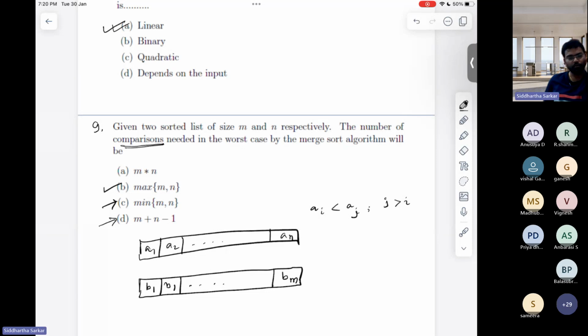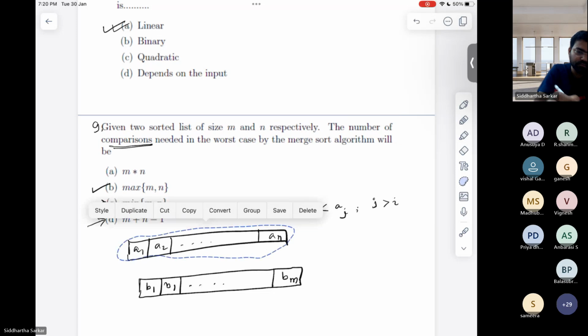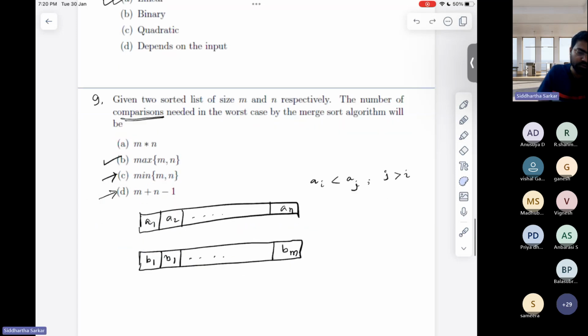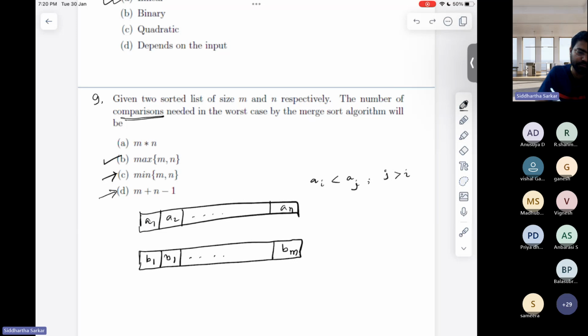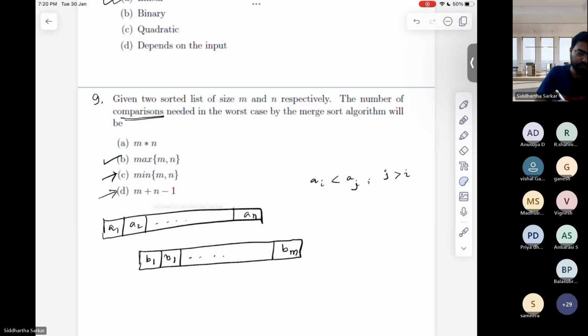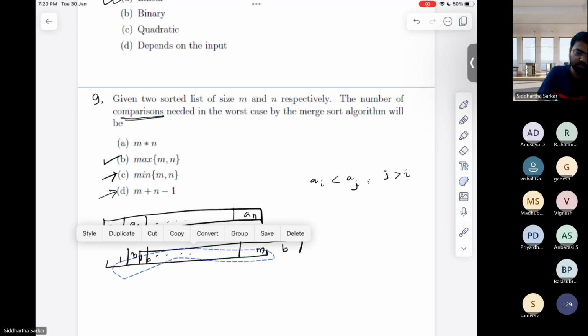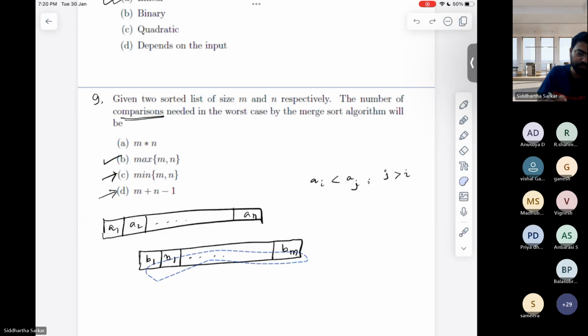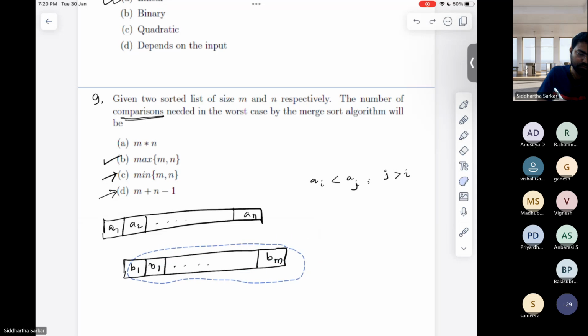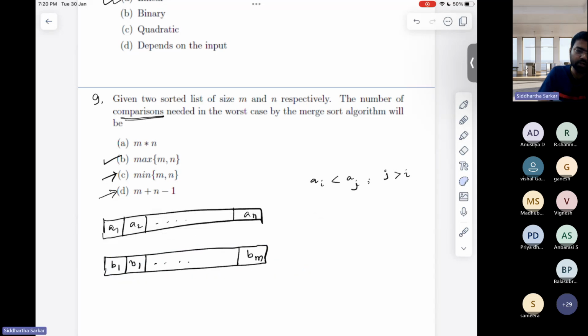So let's, I don't know. Since you're not offering any reasons for your answer, let me try to offer some reason. Let's say we take some concrete examples. Okay, so I'm taking two concrete examples, I mean, two arrays.